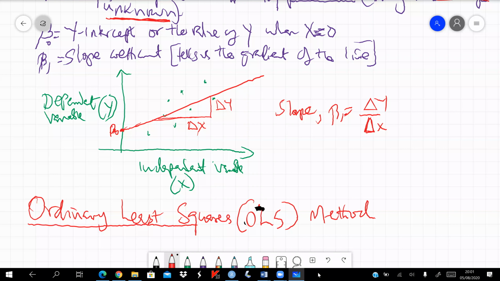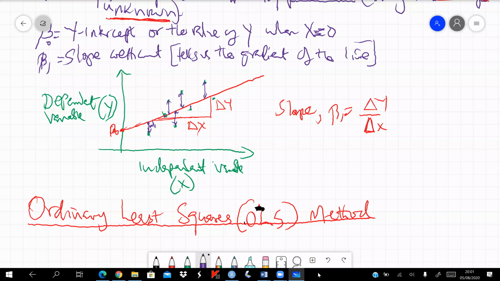And the theory behind OLS is quite simple. It states that once you have the scatter plot like this, then you need to fix a line within those points in such a way that if you measure these distances, for all of them, the distance between the line that you fitted and the points.